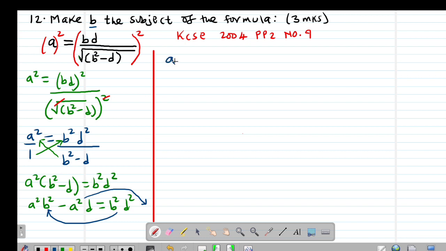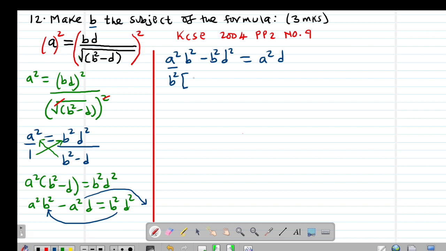So I'm going to have A squared B squared. If this one crosses the equal sign, it will become a negative. So I'm going to have minus B squared D squared being equal to, on the other side, positive A squared D. So this is A squared B squared minus B squared D squared is equal to positive A squared D. So if I factor out B squared, because it's common, I'll have B squared into bracket.